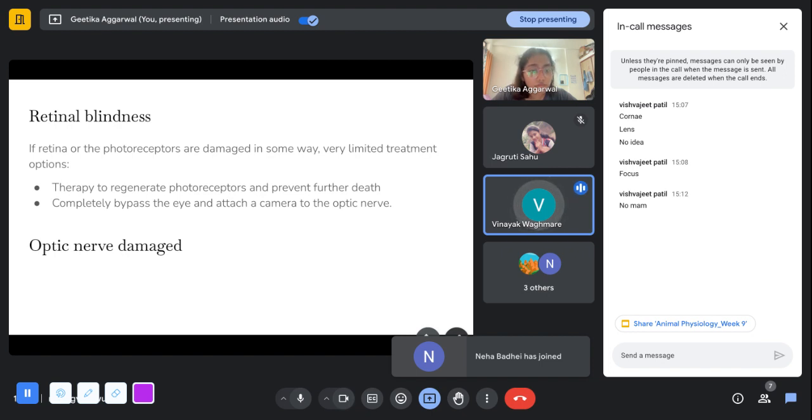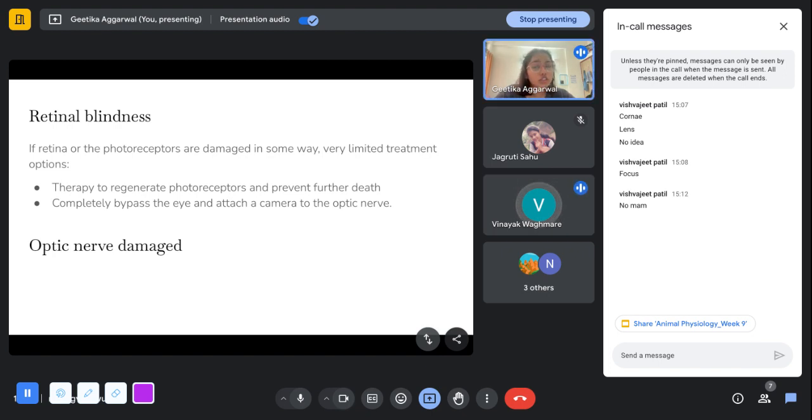So would this also be one of the examples of where technology is being used in biology, how you are basically connecting the camera directly to the optic nerve? Yes, ma'am. This can be one of your examples, correct?